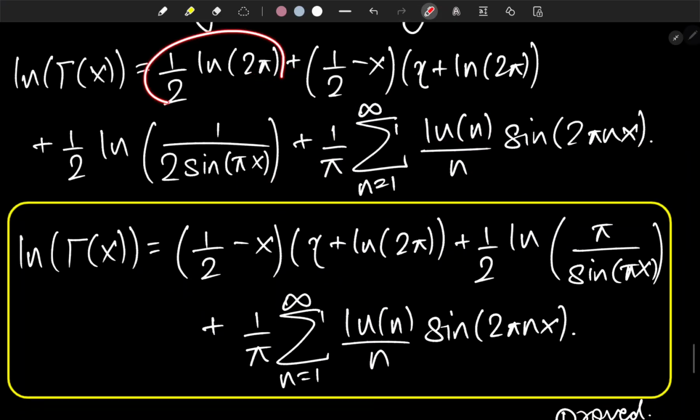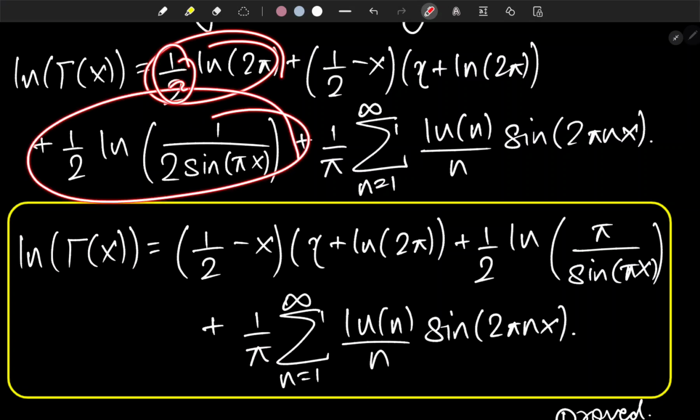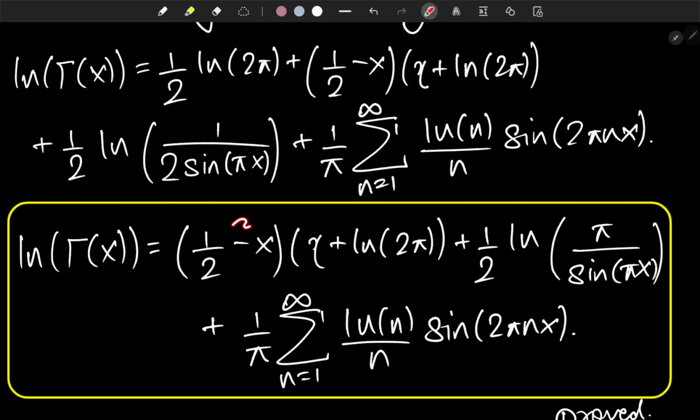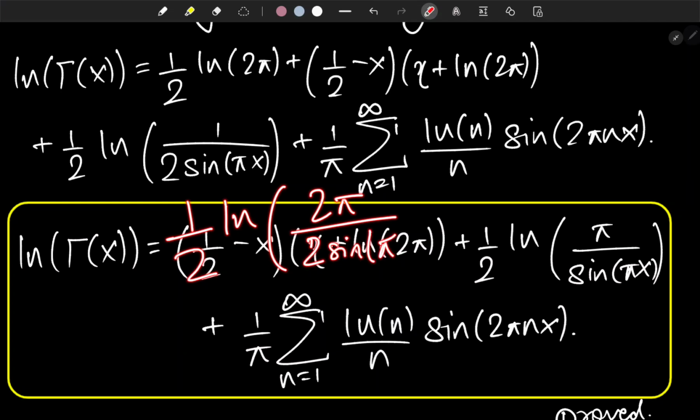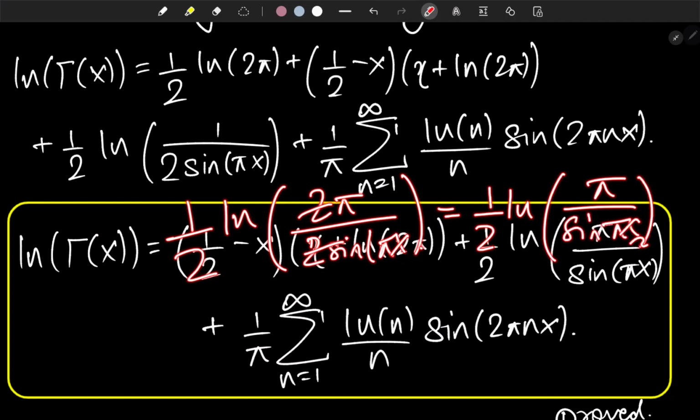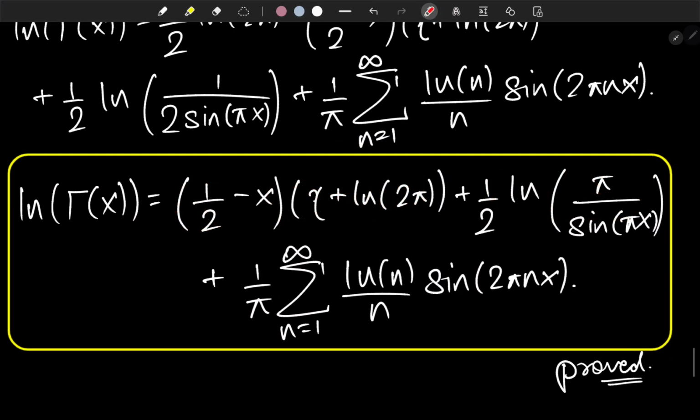And now we can combine this term and this term, because we have a factor of 1 over 2, and we can combine them by multiplying the arguments. So it's 1 over 2 natural logarithm of 2 pi over 2 sine pi x, right? We get rid of the 2's and we have 1 over 2 natural logarithm of pi over sine pi x, and we are done with the final result.